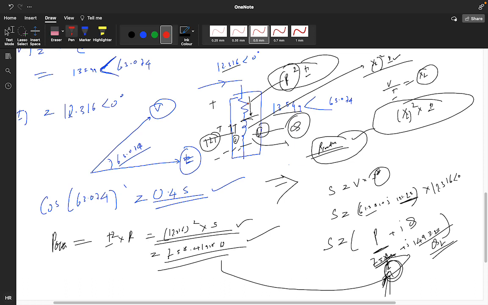Why am I calling this a useful power? Because this is our appliance, like a heater. This heater is consuming some power. Although it is a power loss, suppose this was a heater having a resistor and an inductor.